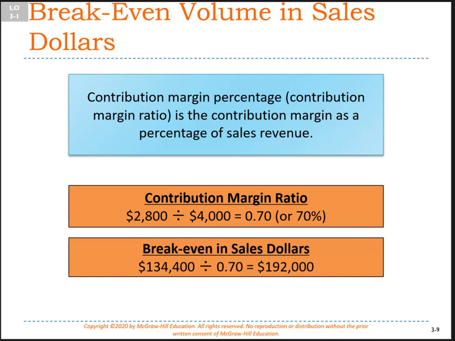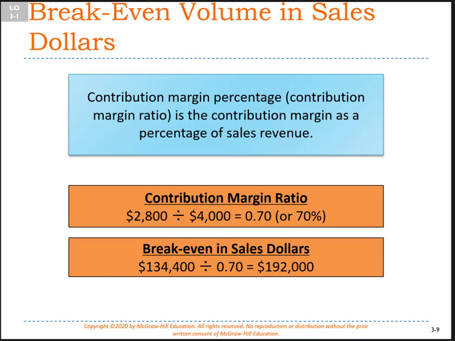Now, contribution margin can also be looked at as a contribution margin percentage, sometimes referred to as a contribution margin ratio. And basically, that's taking the contribution margin and dividing it by the sales price. So if you're using per unit, you could do a contribution margin of $2,800 divided by $4,000 for the sales price equals 0.7 contribution margin ratio, or 70% contribution margin percentage.